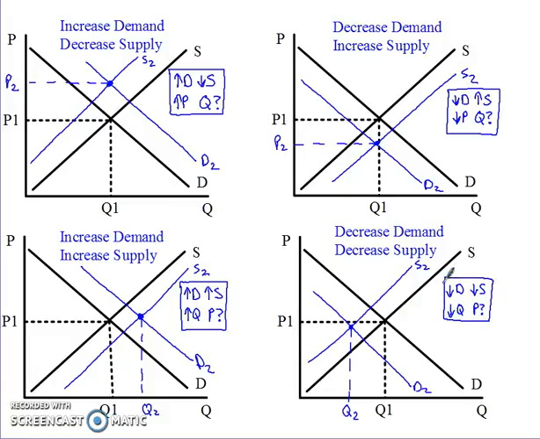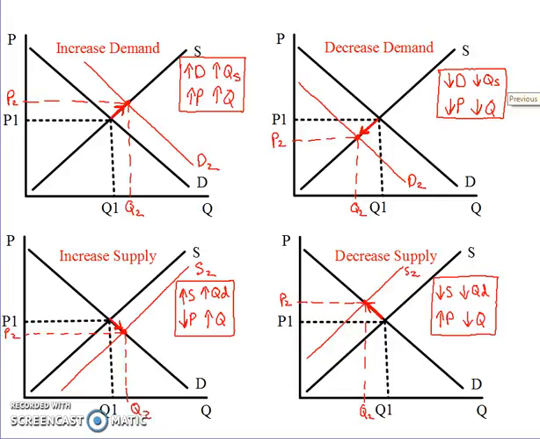Let's draw a couple quick conclusions here. First of all, notice that none of these say decrease in quantity demanded. Why not? Because all the curves shifted. The only time you say decreased quantity demanded is when only one curve shifted.